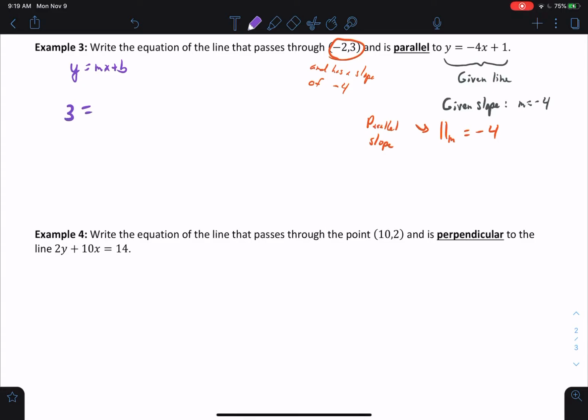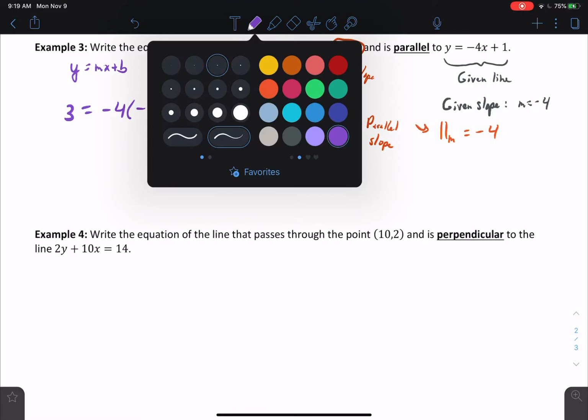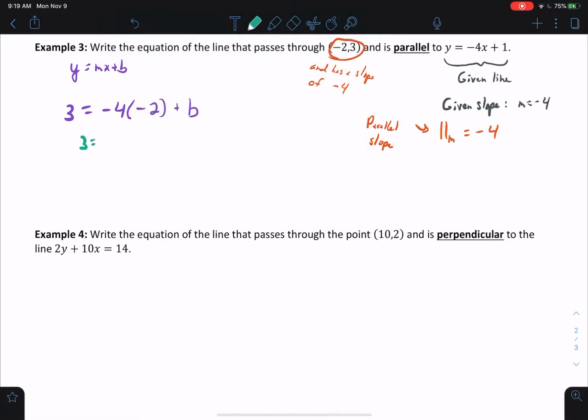We know the slope, if it's going to be parallel, has to be the same, so it's going to be -4. The x coordinate is -2, and we do not know the b value. So this is going to look like 3 equals 8 plus b. Subtract 8 from both sides, and we get b equals -5.